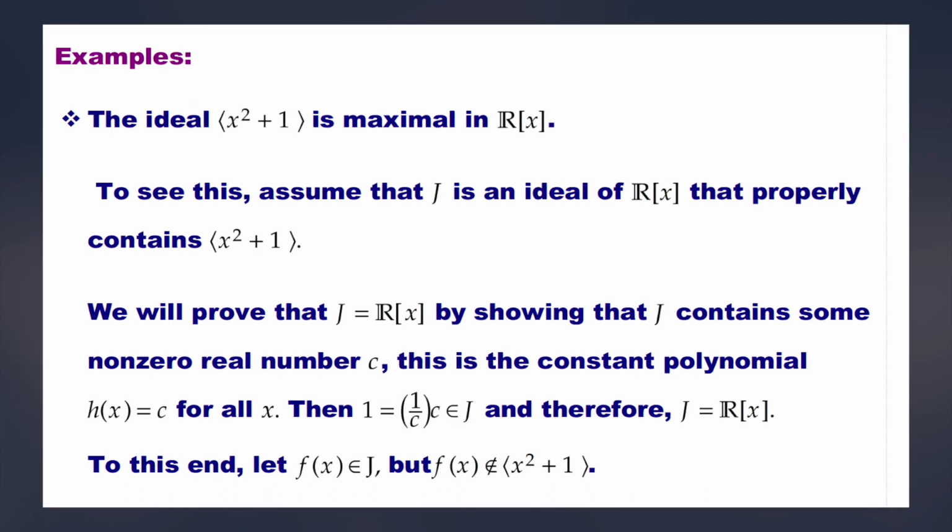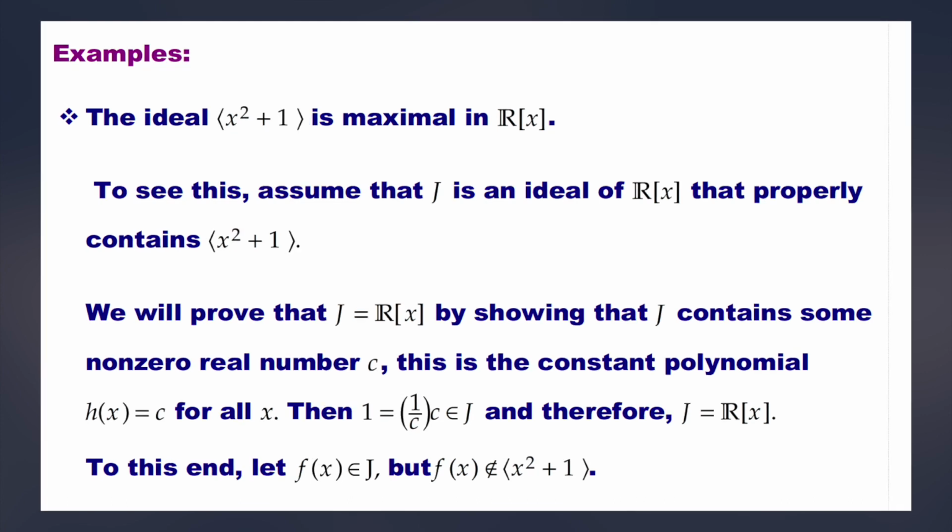We will prove that J equals R[x] by showing that J contains some non-zero real number c, that is, the constant polynomial h(x) equals c for all x. Then 1 is equal to (1/c) times c, which belongs to J, and therefore J equals R[x].